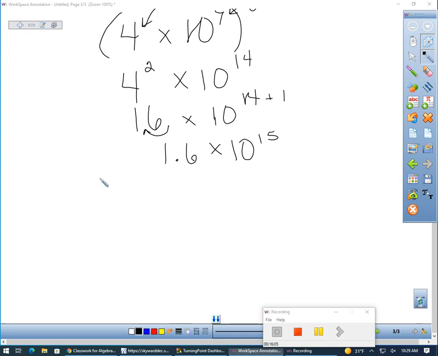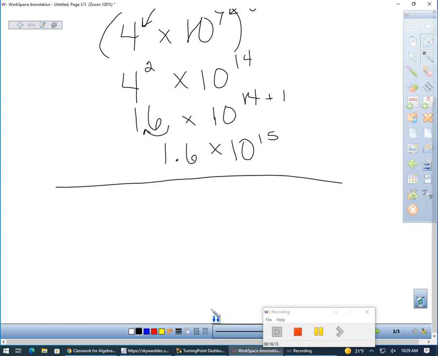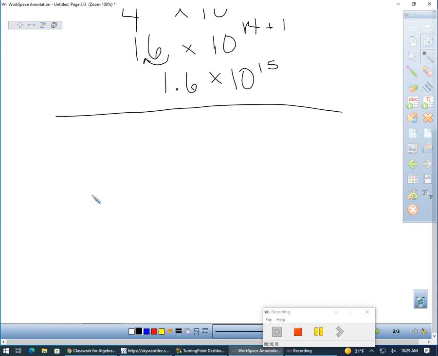All right. Let's do one more really quickly, and then I'm done. Okay? All right. So here's our last one. Let's go with 2.5 times 10 to the negative 4 raised to the 7th. 7th it is.